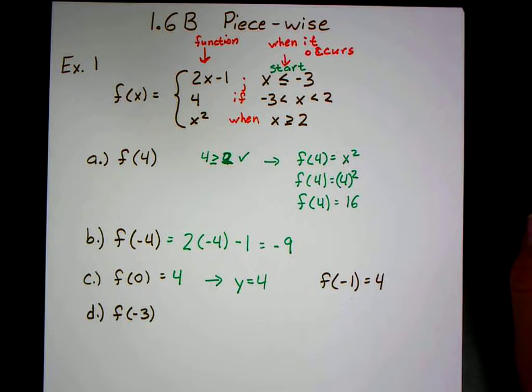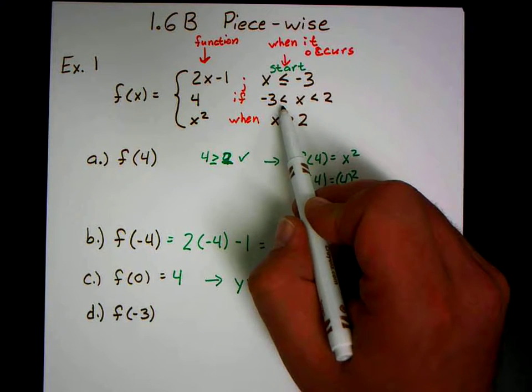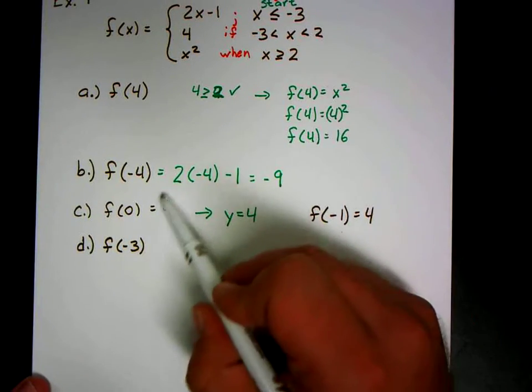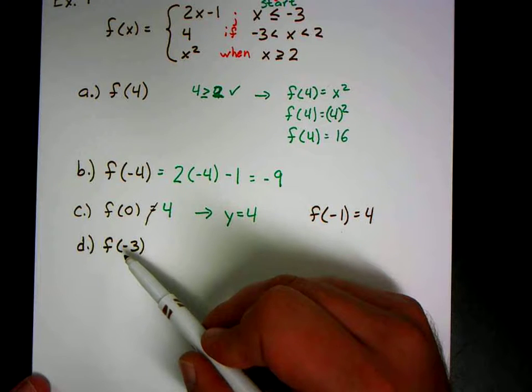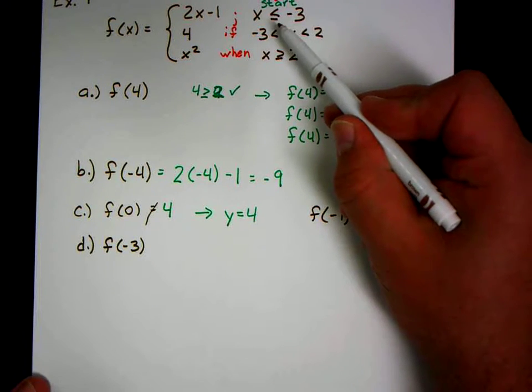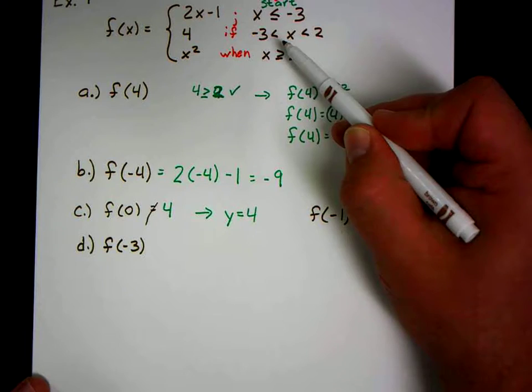Which group? The top one, because the top one has the equal sign, the second one doesn't. So f of negative 3 only belongs to the top group because the top group has the equal sign, the bottom group has a strictly less than sign.